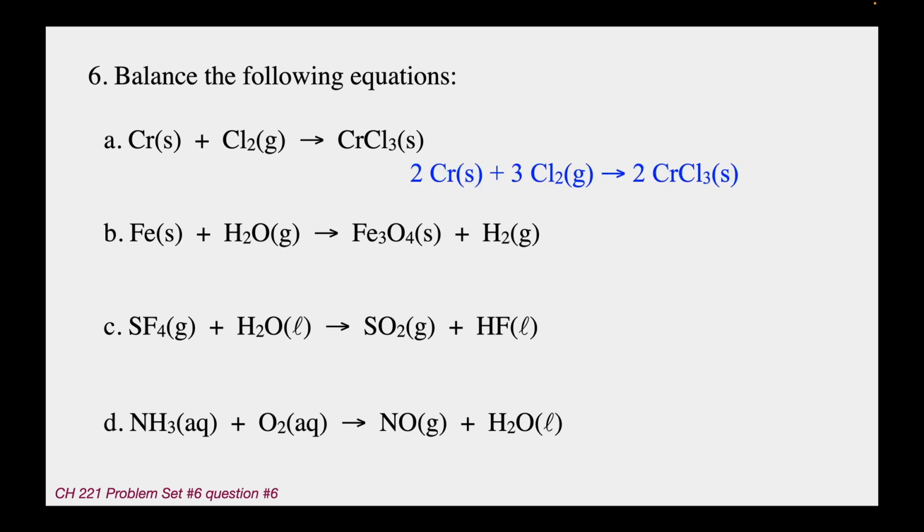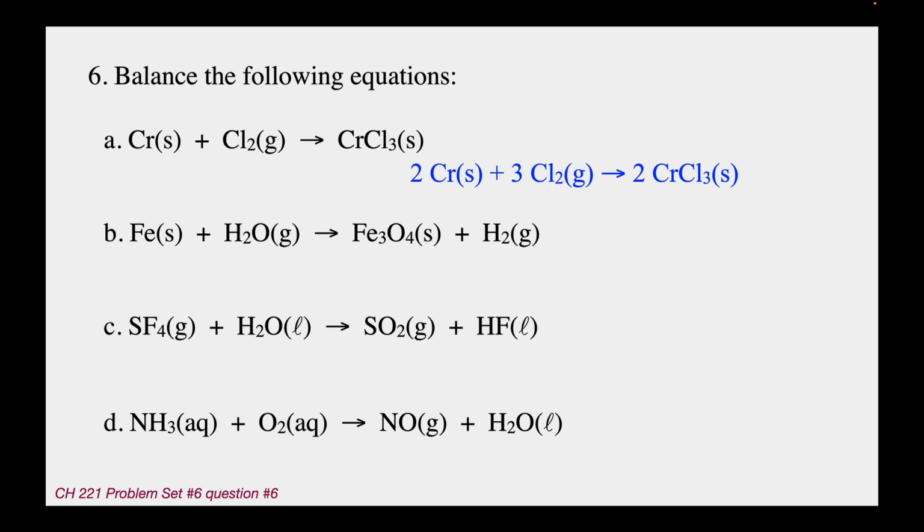So the fancy version of what I just wrote is 2 Cr plus 3 Cl2 gives you 2 CrCl3. And that's an example of a balanced reaction. Now notice that those big numbers, those coefficients, do not balance. Like the 2 plus 3 on the left does not equal 2 on the right. Those numbers don't have to balance, but it's the number of atoms that have to balance, which is really cool.